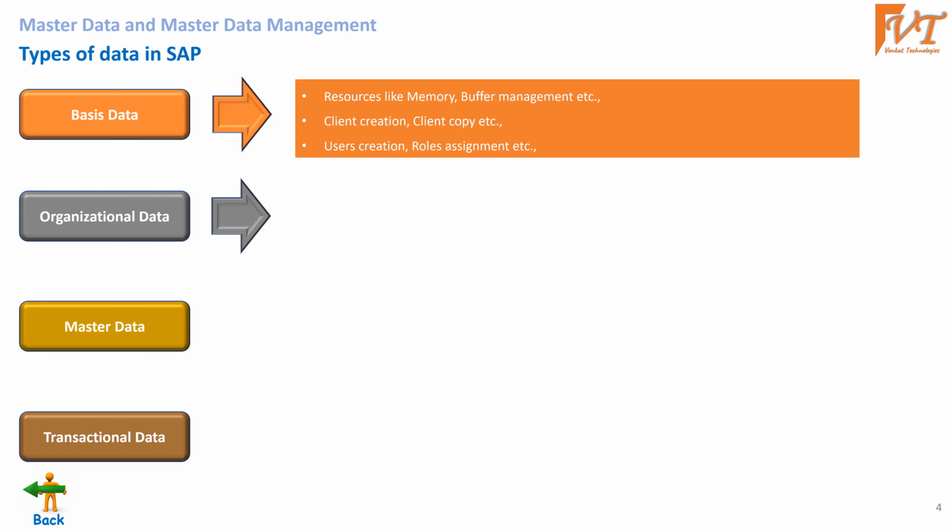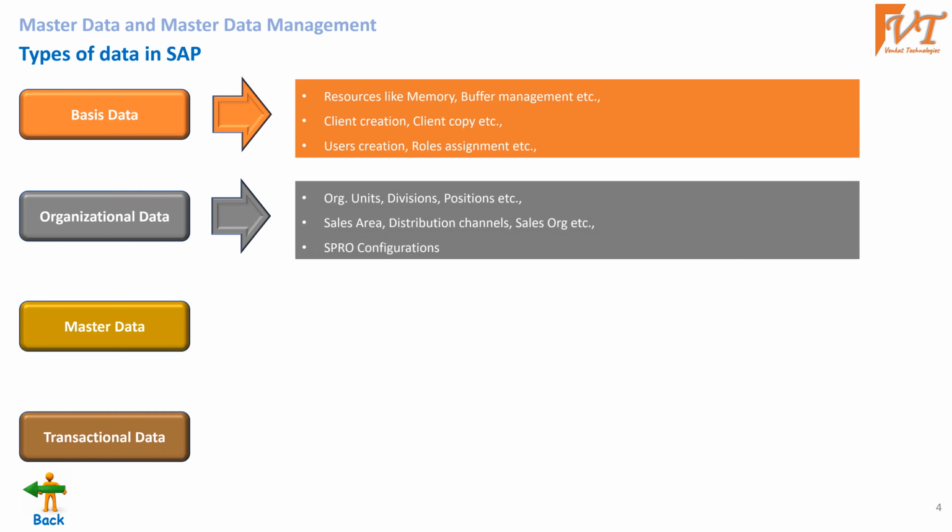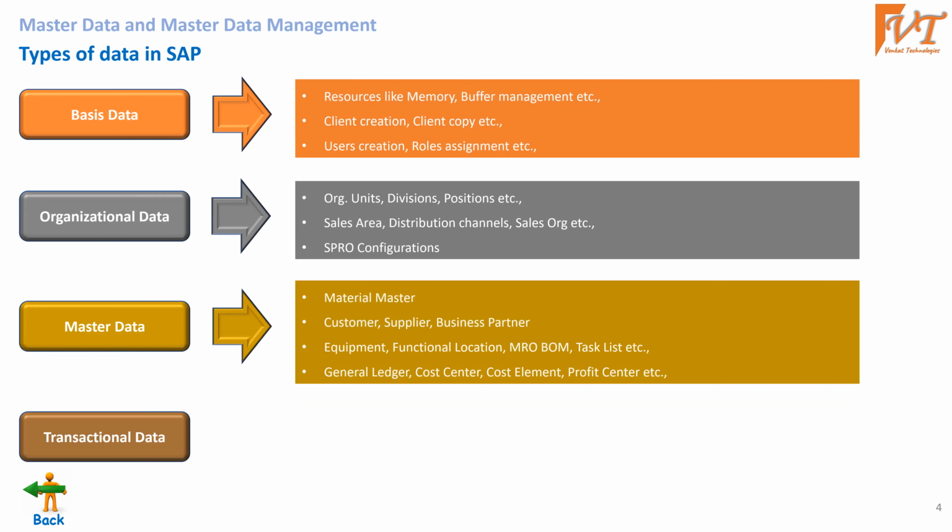For organizational data, we have org units, divisions, positions, and we create different positions for employees, and we create jobs, sales areas, distribution channels, all this reference data. We configure in SPRO for material, like we have the plant, that is reference data, and the valuation area. All these are considered organizational data, and then master data, as I just explained.